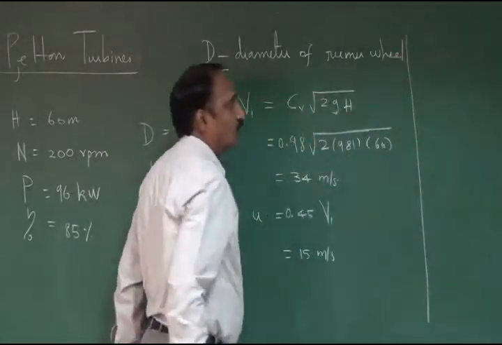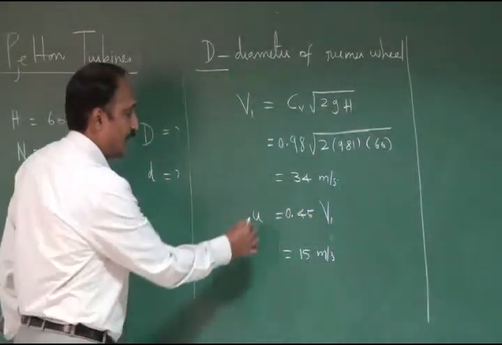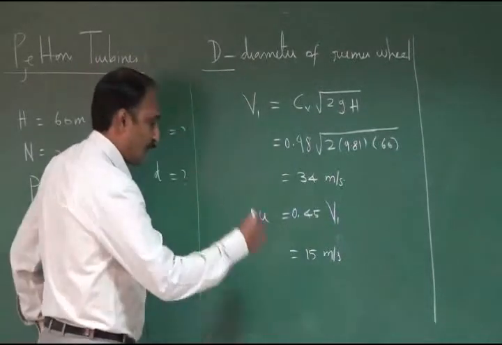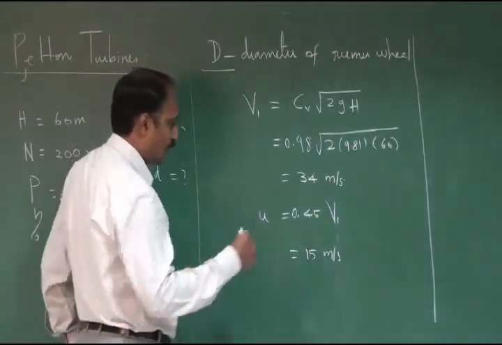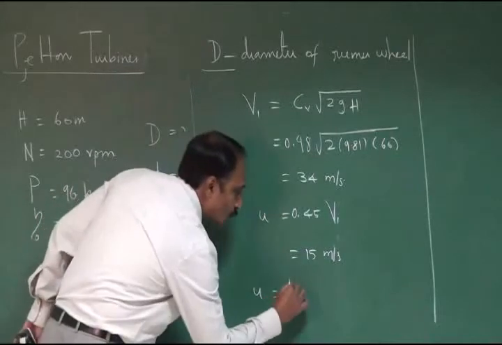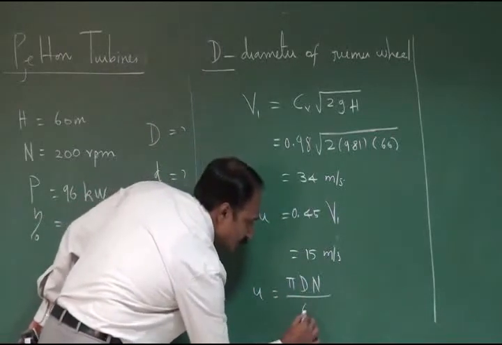And so after this, by relating the tangential velocity and rotational speed of the turbine wheel, we can calculate the diameter of the runner. See, U is equal to pi D N by 60.